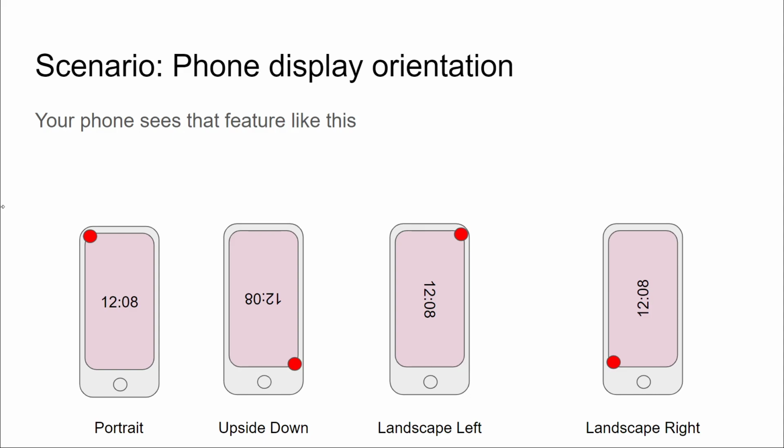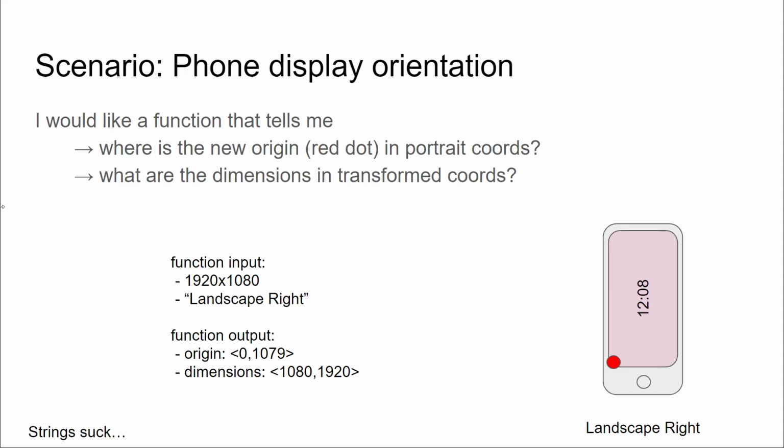To achieve this, we need a transformation. Now, I'm not going to go through the concept of transformations here, that's a bit too complex, but I'm going to show you a case scenario I had.